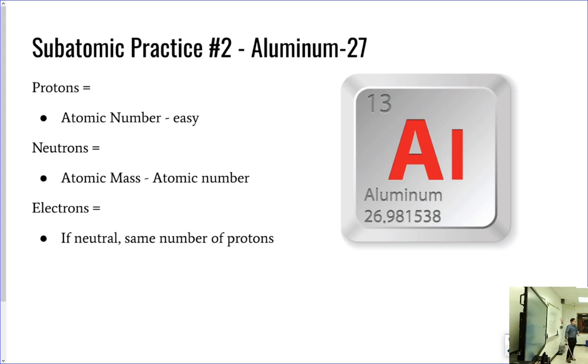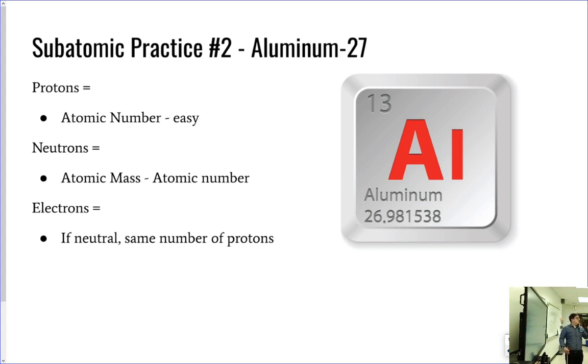How do I find the number of protons? You look at the atomic number, which is the number at the top, for aluminum. Just the top number is your protons. Did you find aluminum?